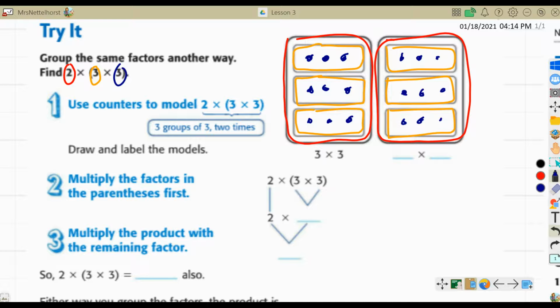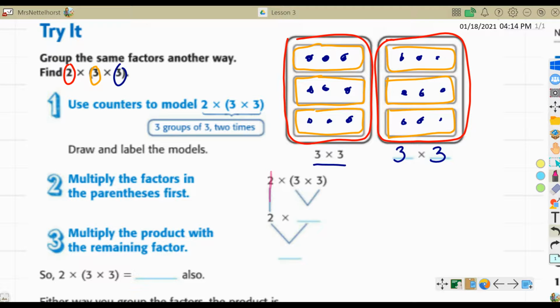So we drew the models. Now we're going to label them. The first red box is 3 times 3, and the second red box is 3 times 3. So I have 2 times, let me get my highlighter so you can see where I'm looking. I'm going to make it a little thicker. Okay, and I think I'll go with pink so it sticks out. Looks like I'm crossing it out.